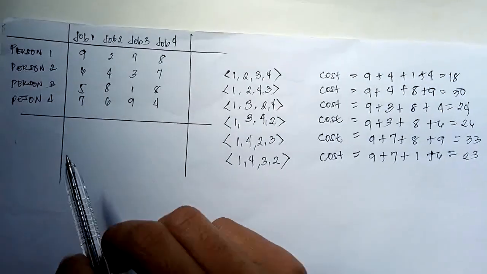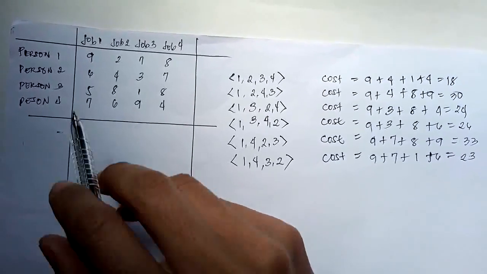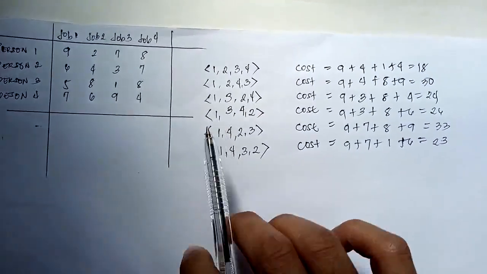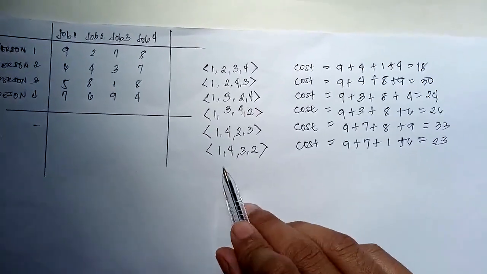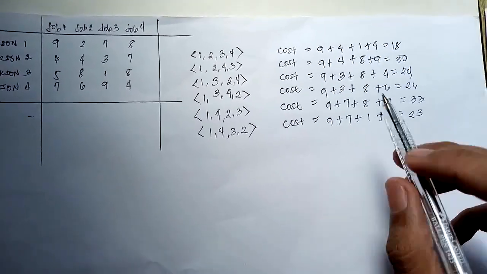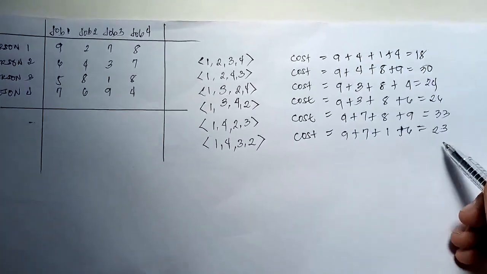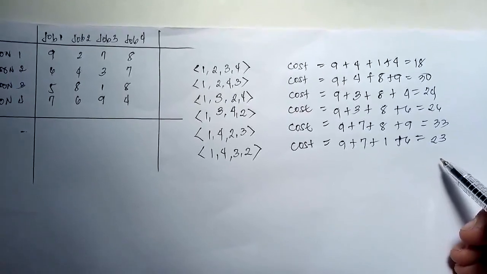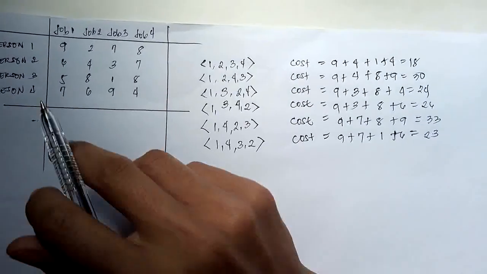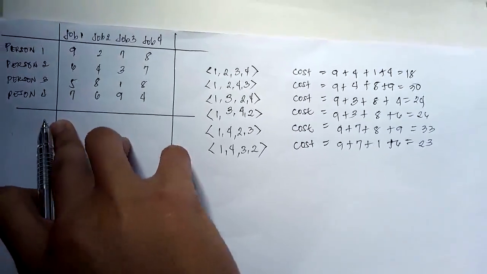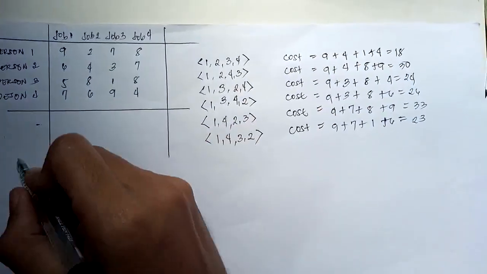Here we have a cost matrix, and we also have the jobs and the cost. In order to get the minimal cost of an assignment problem, all you have to do first is to identify what is the i and what is the j.